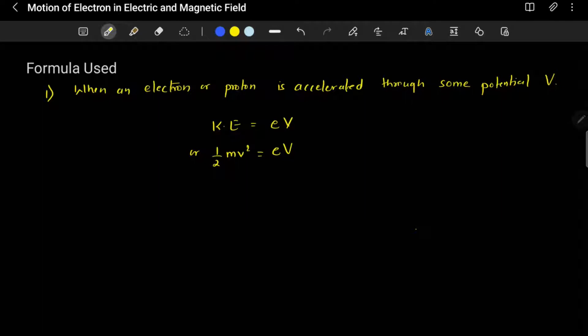Small v is the velocity of the charged particle developed, and capital V is the potential difference provided to the charged particle for acceleration.